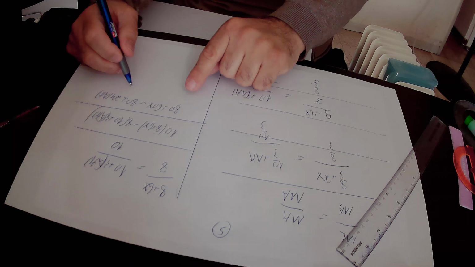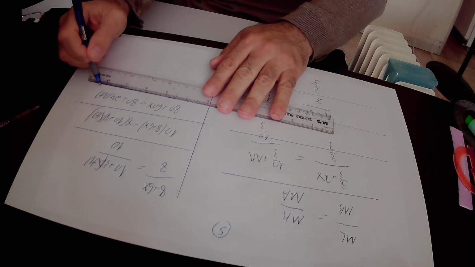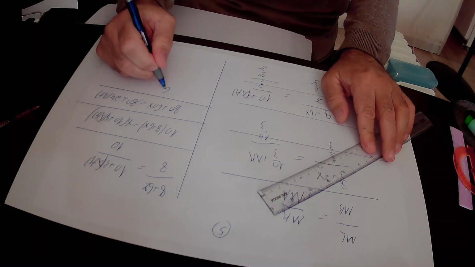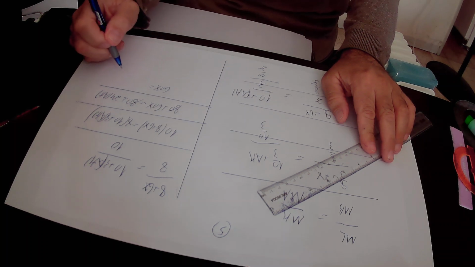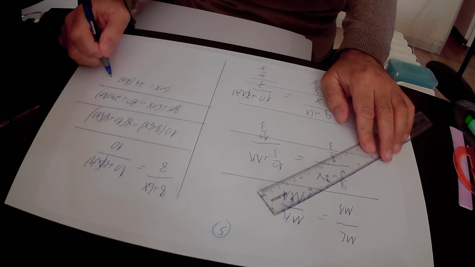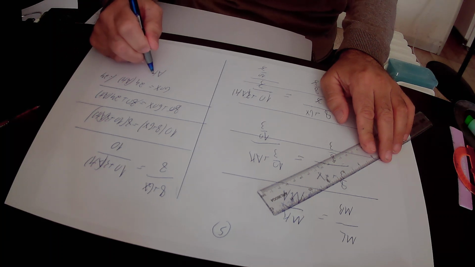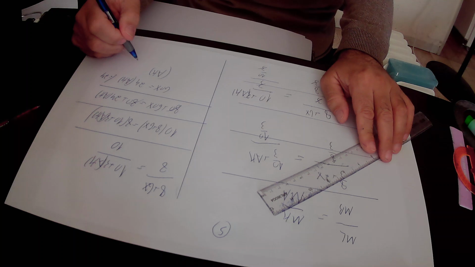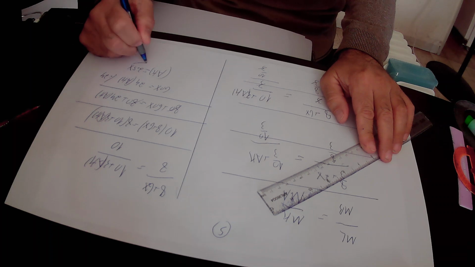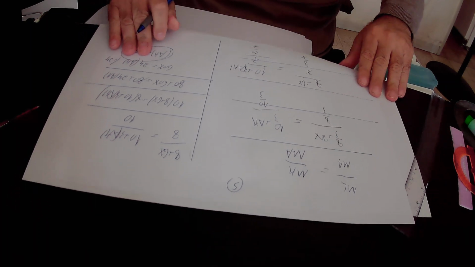Here we have 80 on both sides of the equation, so 80 will get cancelled and we are left only with 60x equal to 24AK. Here we divide this equation by 24 and finally we get that AK equals 60x over 24, which is 2.5x.